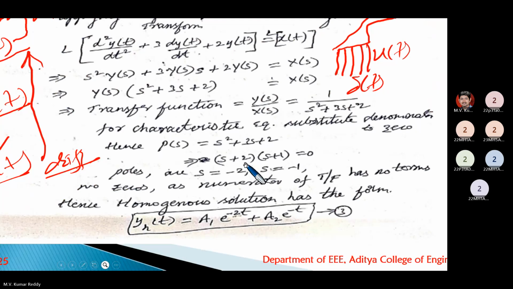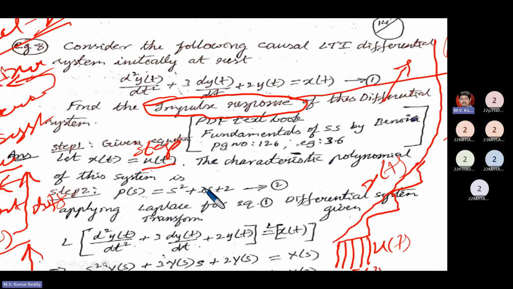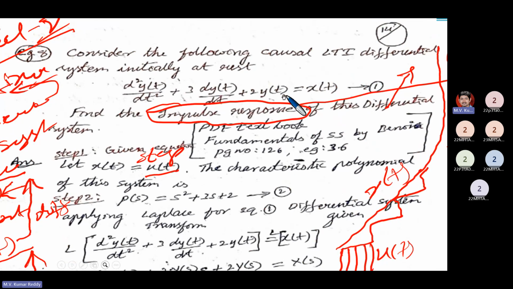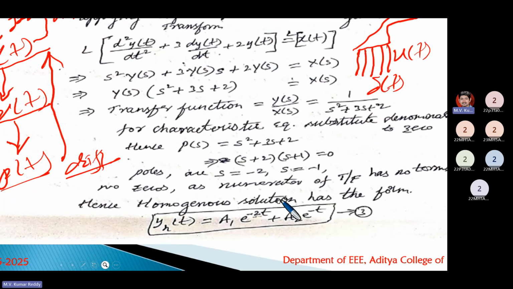So after factorizing, (s plus 2)(s plus 1) is equal to 0. So s is equal to minus 2, s is equal to minus 1. For this second order differential equation, the solution has two parts: one is the homogeneous solution and the second one is the particular integral.